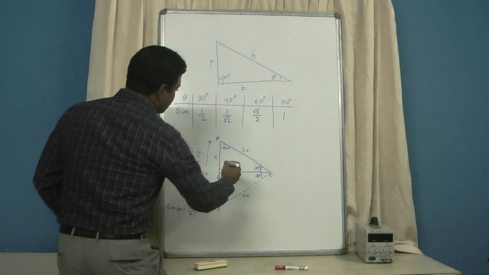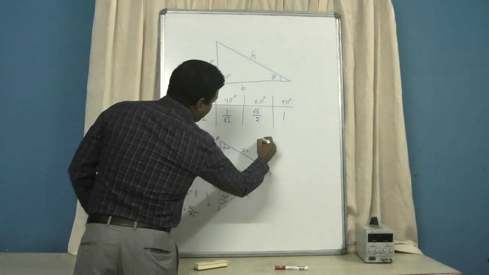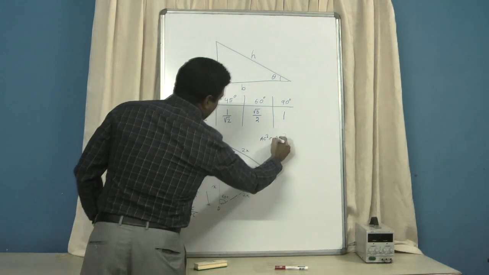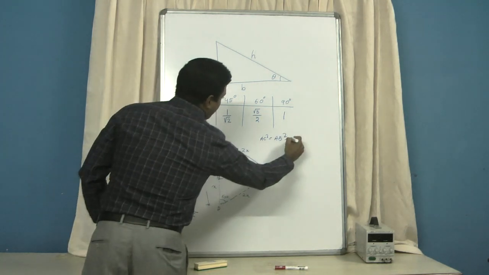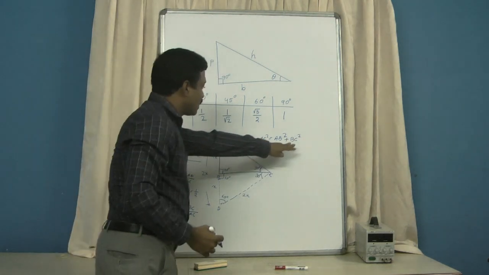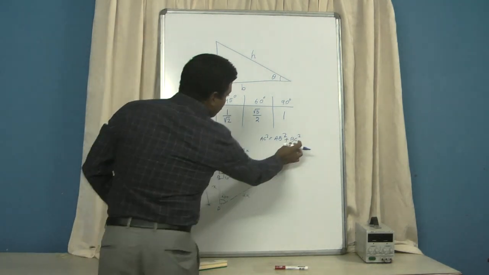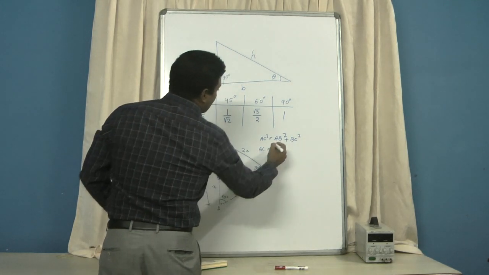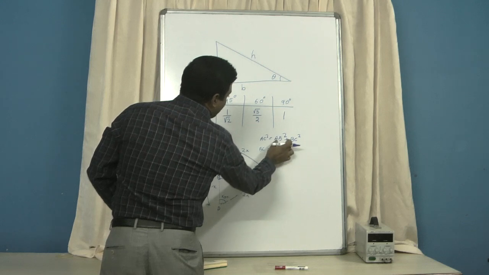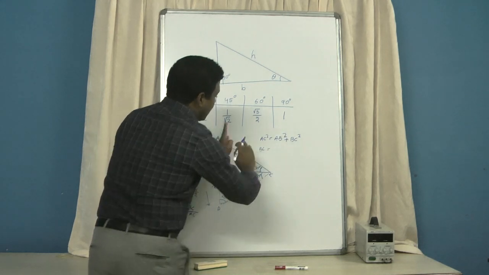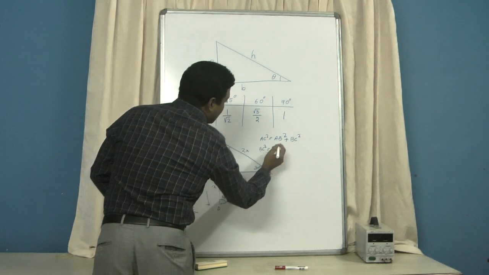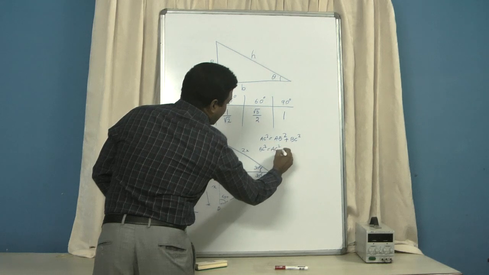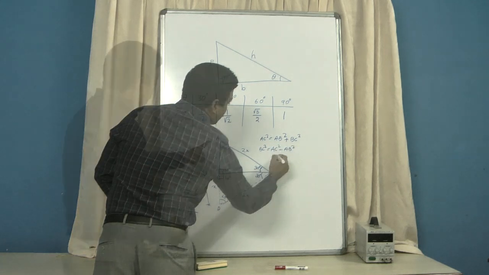According to Pythagoras theorem, the hypotenuse square, AC square, equals AB square plus BC square. So if we solve this equation, keep BC at one side and move this AB square to the other side. I am keeping BC square here and AC square minus AB square.